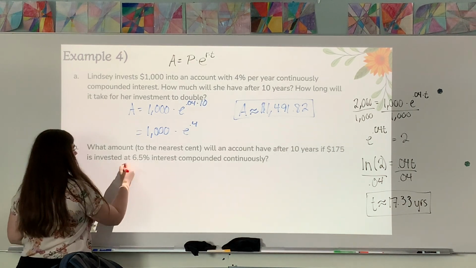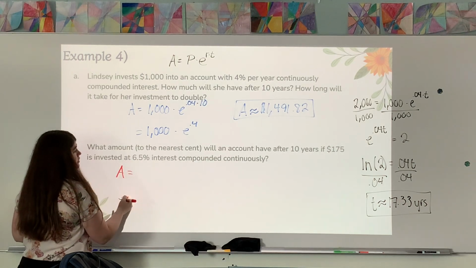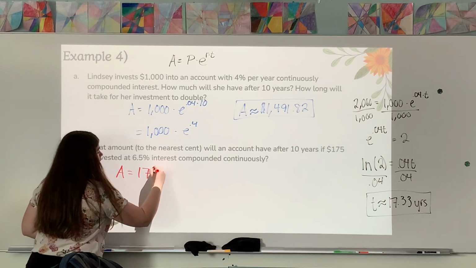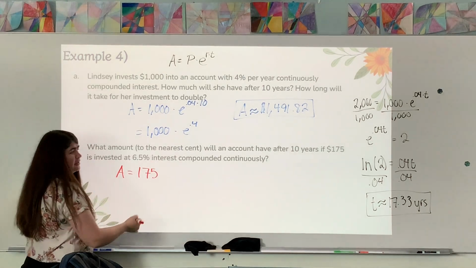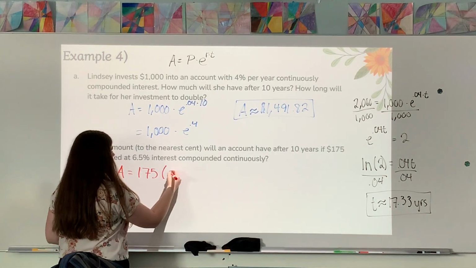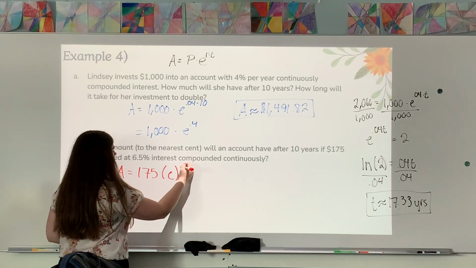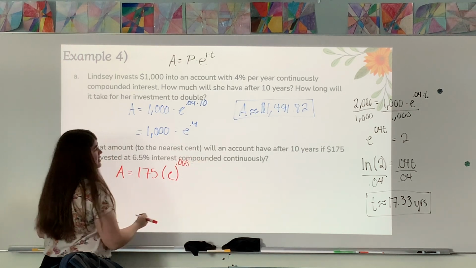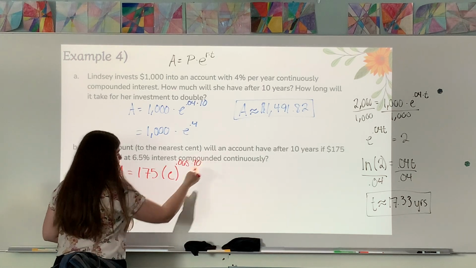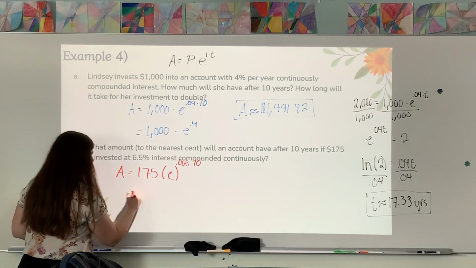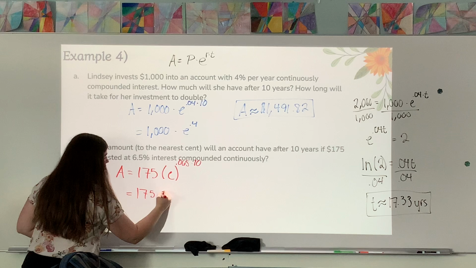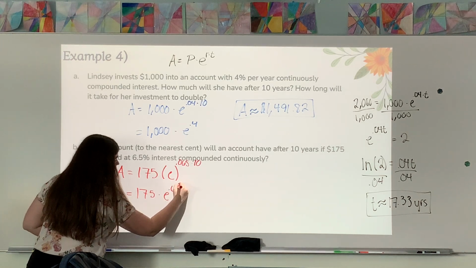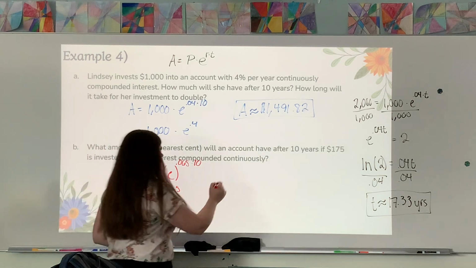So we have A is equal to the initial investment of $175 times e to the power of the rate, which is 0.065, times time, which is 10 years. So then we have 175 times e to the power of 0.65. What does that give us as our amount?